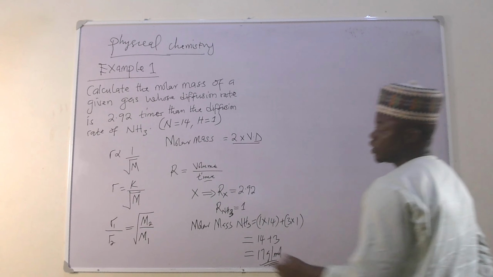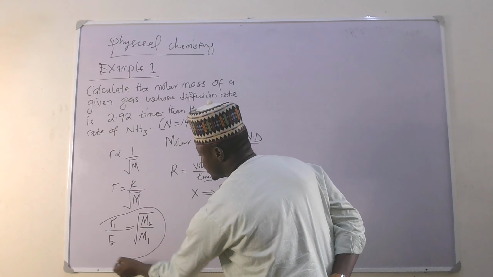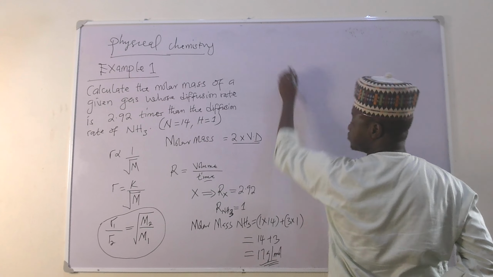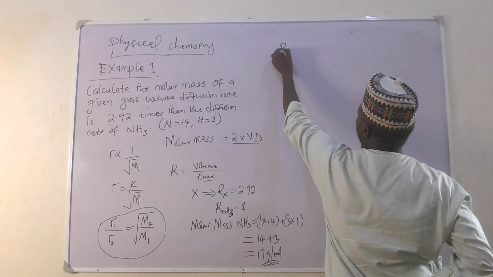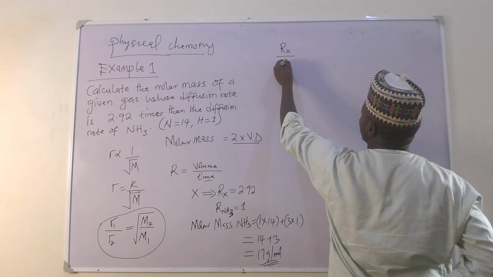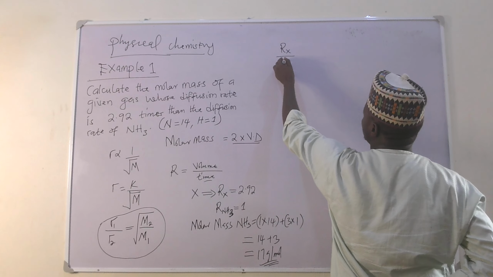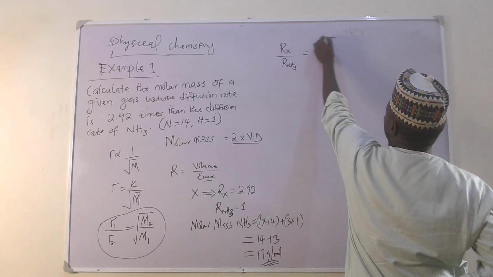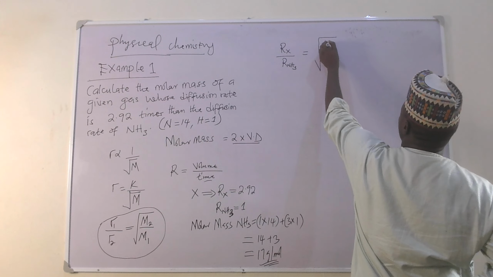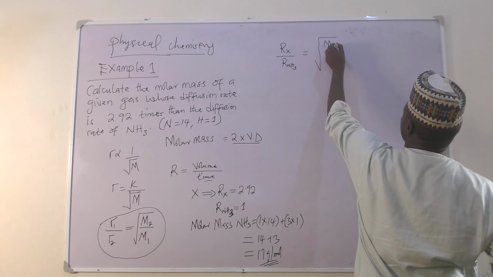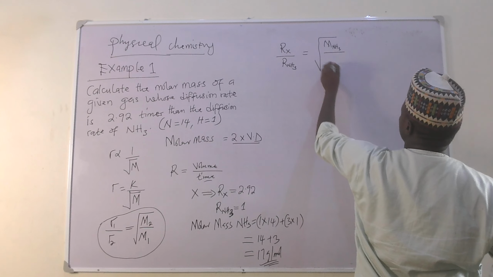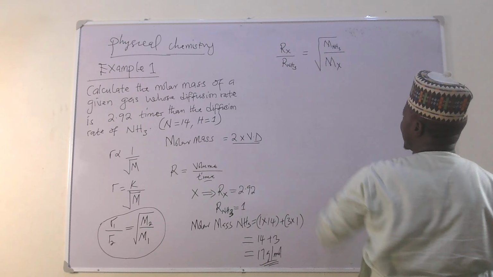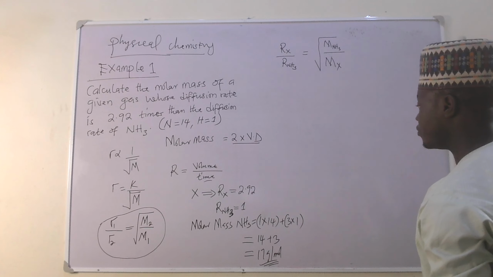So therefore, we are now going to use this formula to calculate the molecular mass of the gas. We are going to set the rate of diffusion of gas X divided by the rate of diffusion of ammonia, which is equal to the square root of the molecular mass of ammonia divided by the molecular mass of gas X, which is actually the one that we are going to find out.